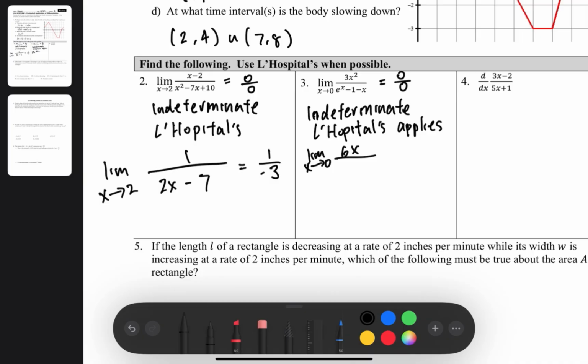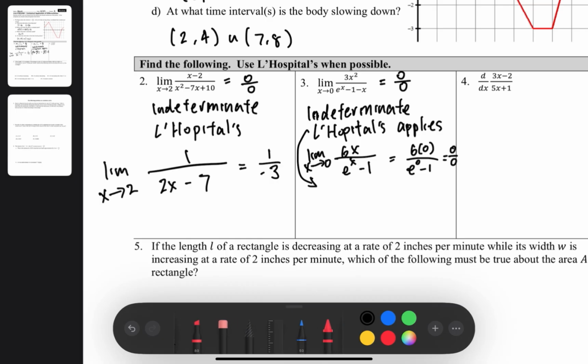Taking the derivative of the bottom, we get e to the x minus 1. Plugging in 0, that's 6 times 0 over e to the 0 minus 1, which is equal to 0 over 0. So we get 0 over 0 again, so we can use L'Hopital's again.